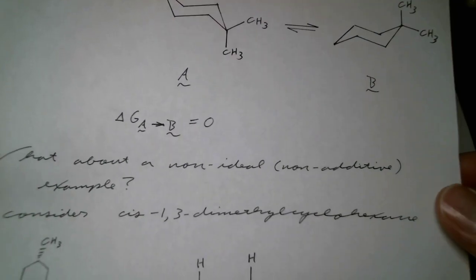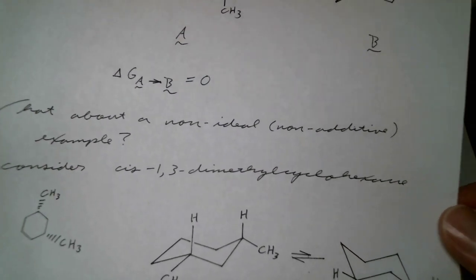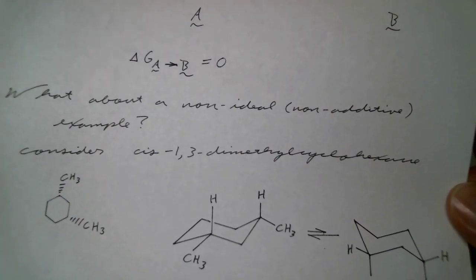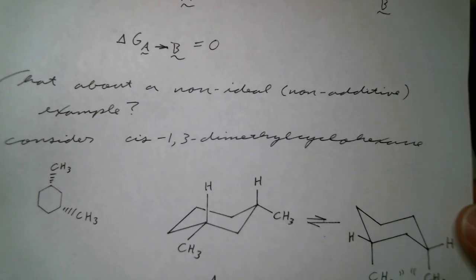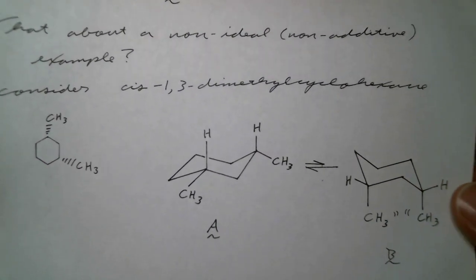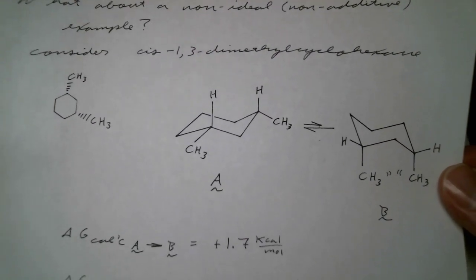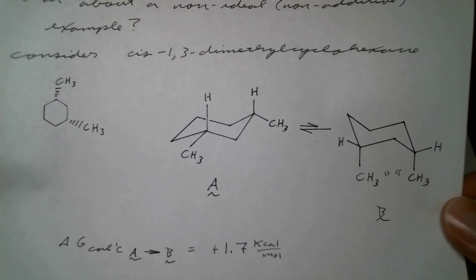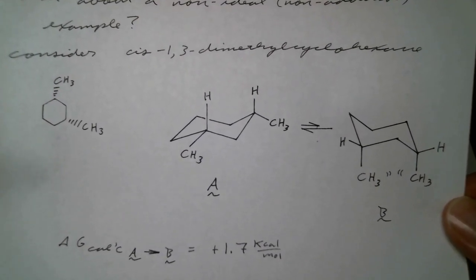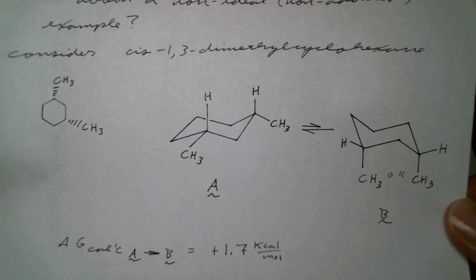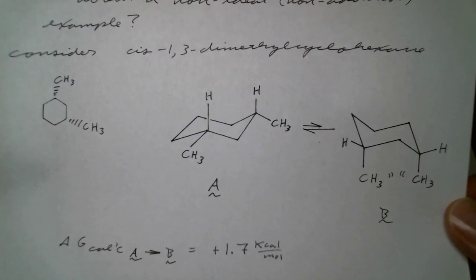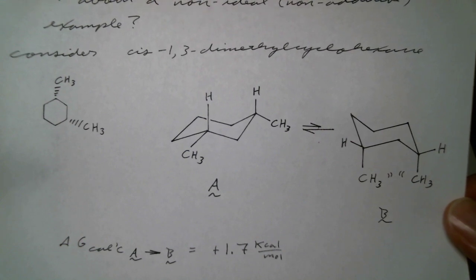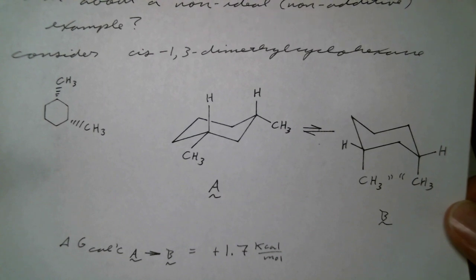So what about a non-ideal case, a non-additive example? Let's consider cis 1,3-dimethyl-cyclohexane, and this is actually quite a complicated one. We might naively say, one way or another, your text suggests that a calculation for conformation A going to B would be simply 1.7 kcals per mole.